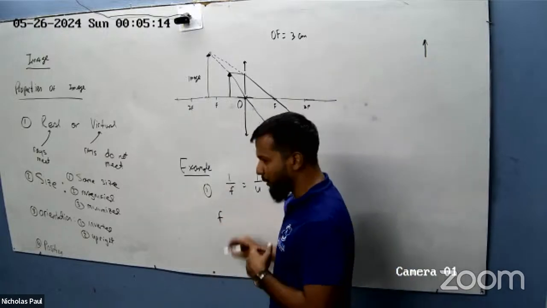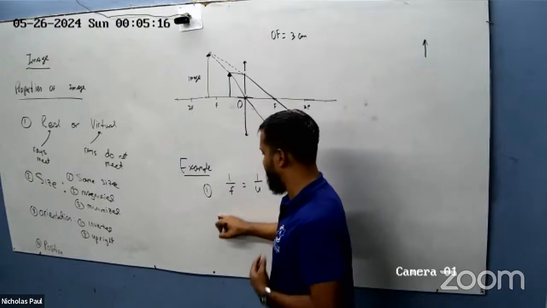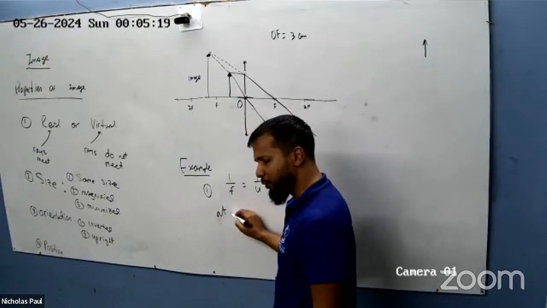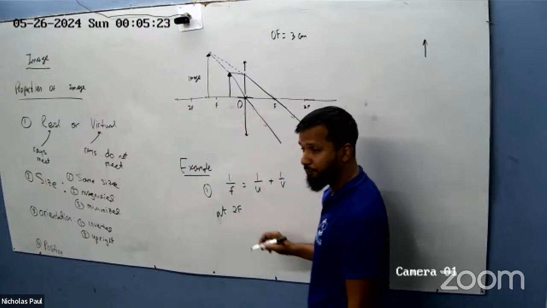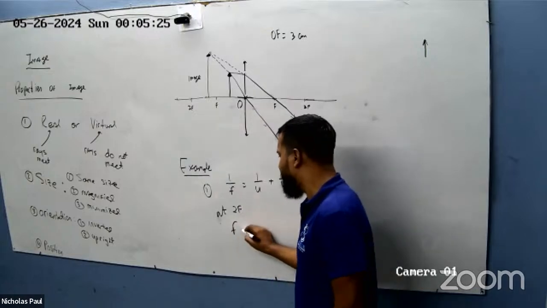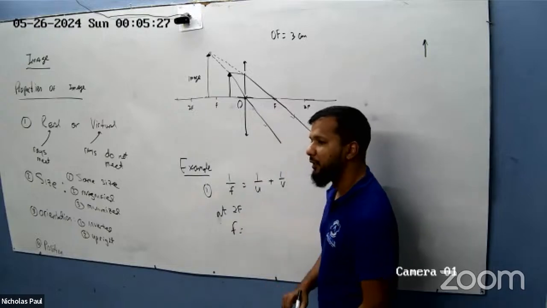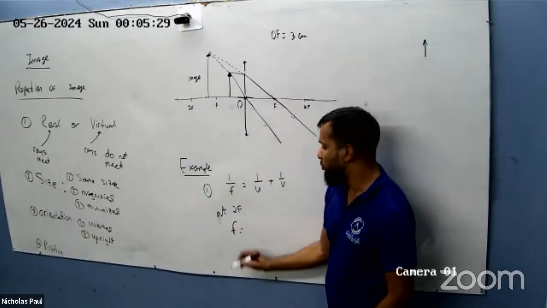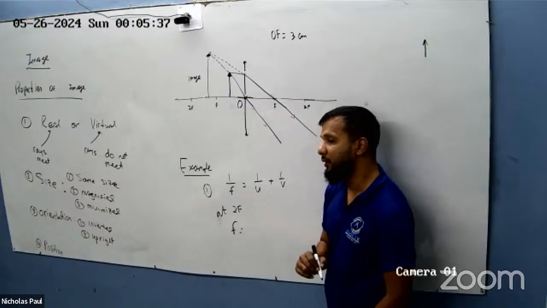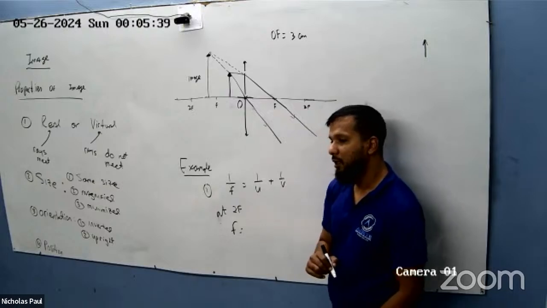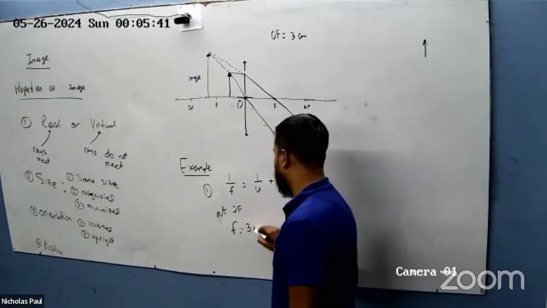For the first one, this was the one I think I gave you at 2f. What is small f, Lindsay? What was the focal length for that diagram? How many centimeters? 3 centimeters.